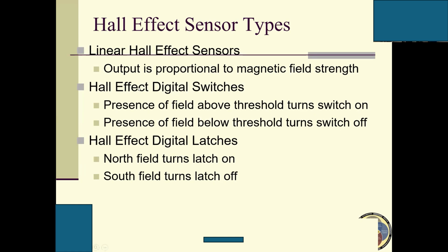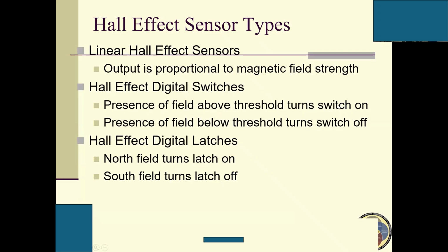For the first category, the output is proportional to magnetic field strength, and as the name suggests, linear Hall effect sensors. Second one, digital switches. The presence of a field above threshold turns the switch on. The presence of a field below threshold turns the switch off.